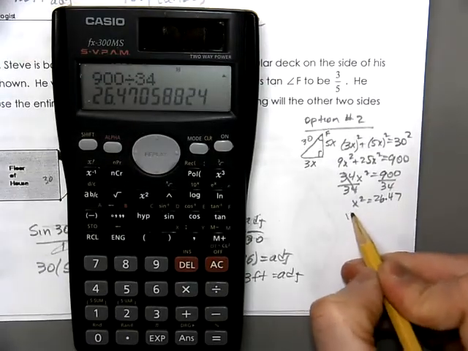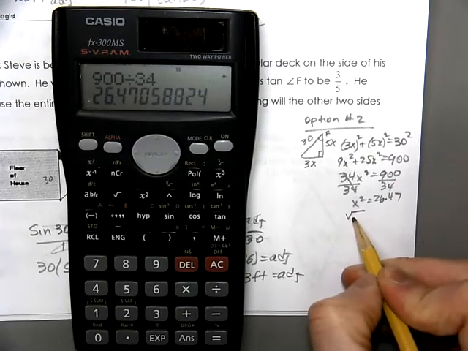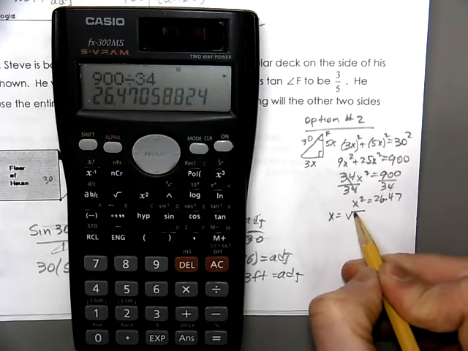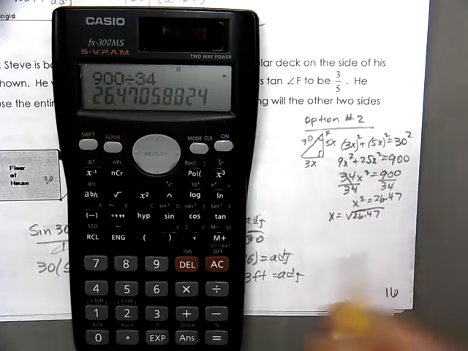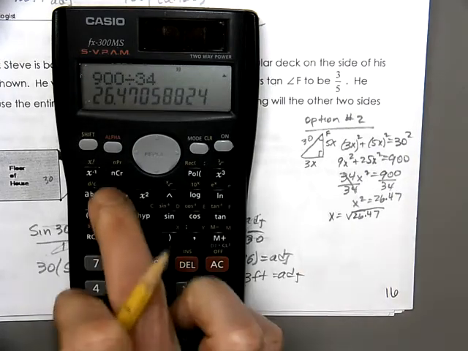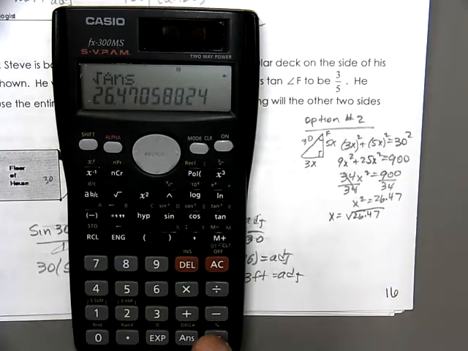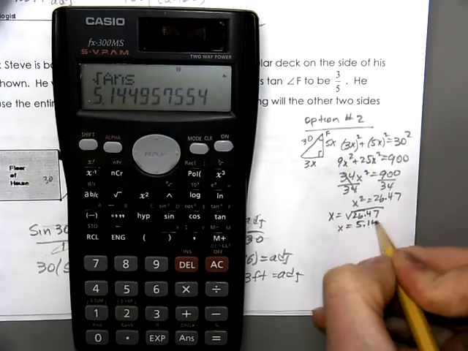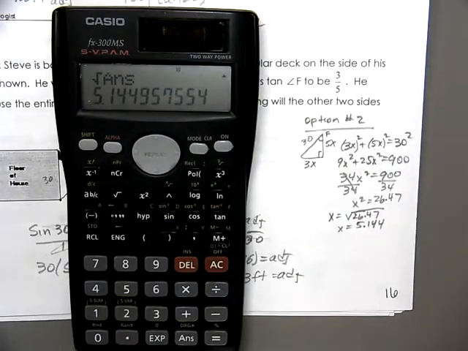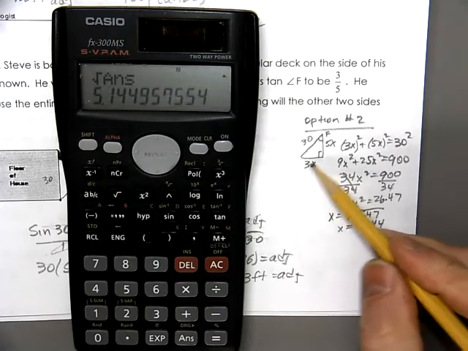Now I'm going to use that real value, because I'm going to take the square root of 26.47, the whole value, so the square root of the answer, and that gives me that x is 5.144. Now that's the ratio that we have here.